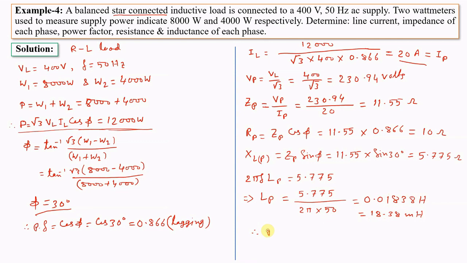So the resistance per phase is 10 ohms and inductance per phase is 18.38 millihenry.